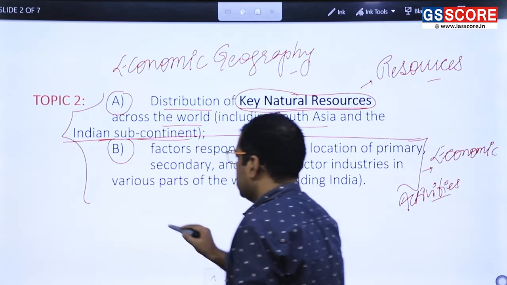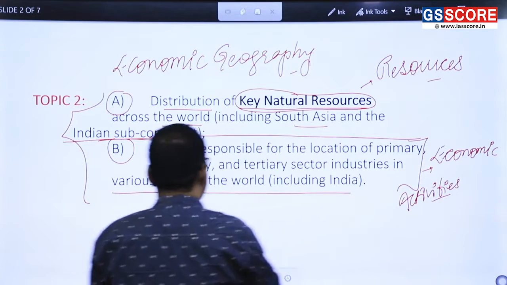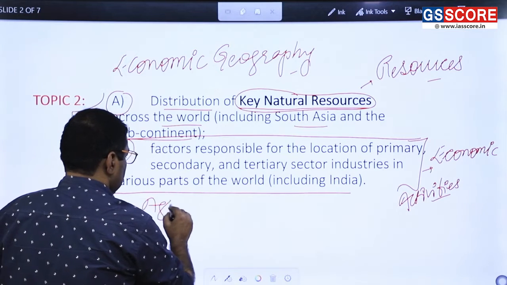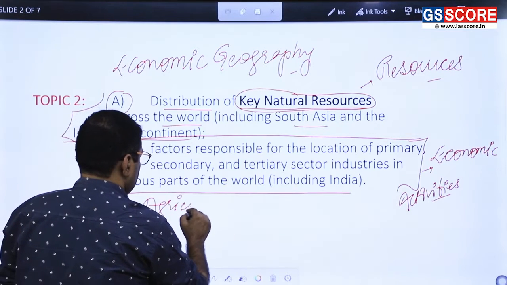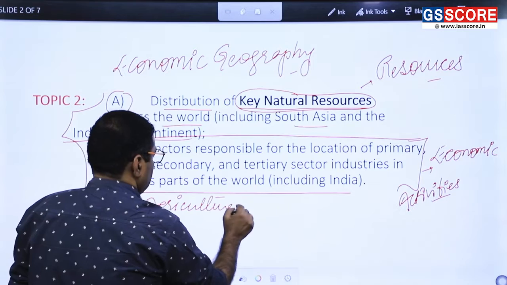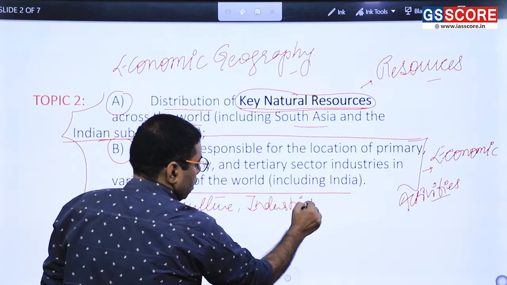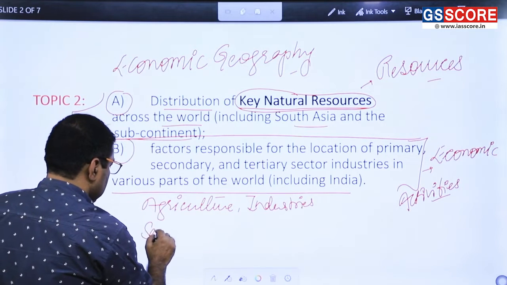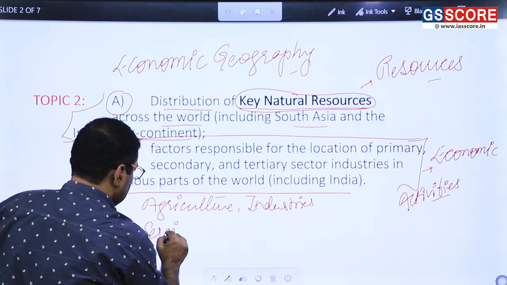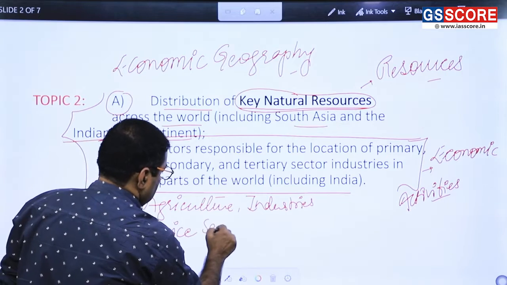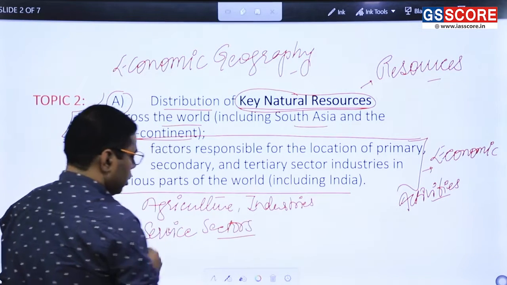Right? So we can include in that agriculture, industries, service sector, right?